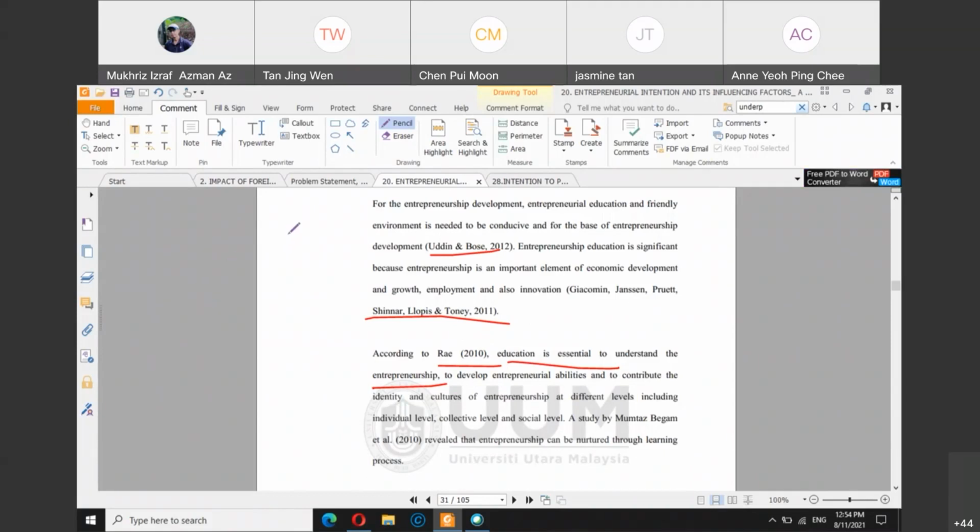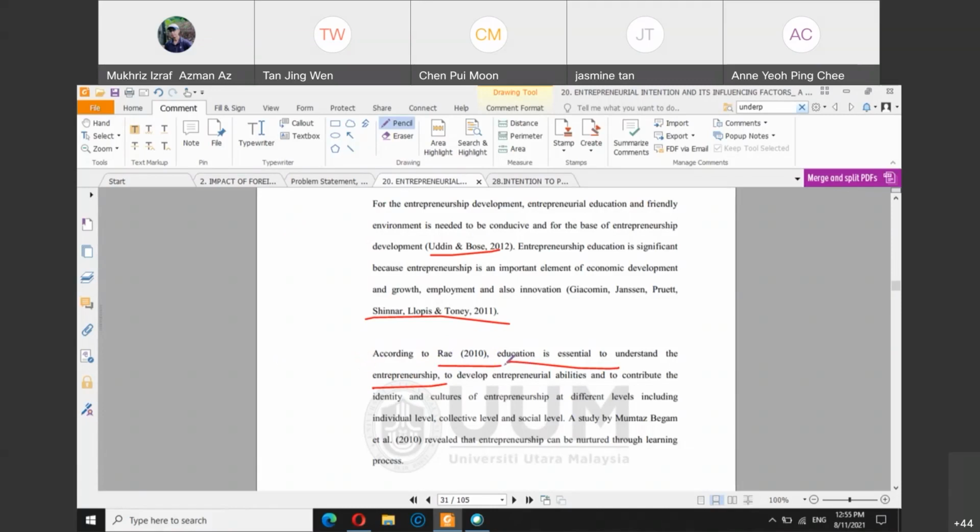So I require more of the references to be within the last 5 years, 2019 onwards. You can use older articles, but not too many. If I find that most of your references are old, it means you have not done a good job finding the more recent articles related to your particular topic. So this is a good example.